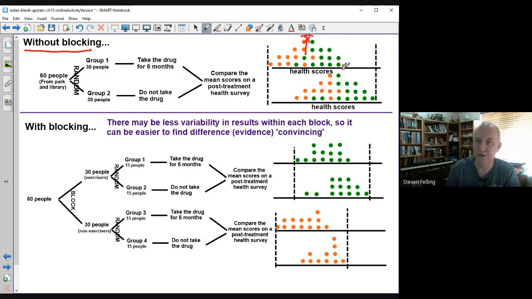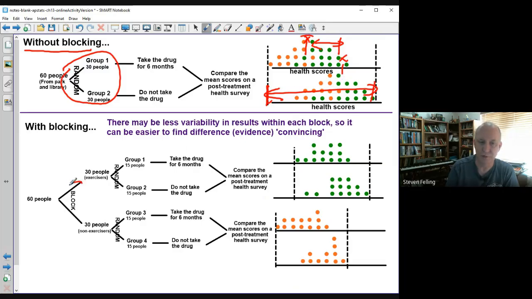Here's the means, and you see a difference in the means, right? But if I just have this whole big group, that difference in means is being compared to this wide span of variation, right? So it's hard to tell if this difference is statistically significant because I have all of the variation in the people all in one big blob here.